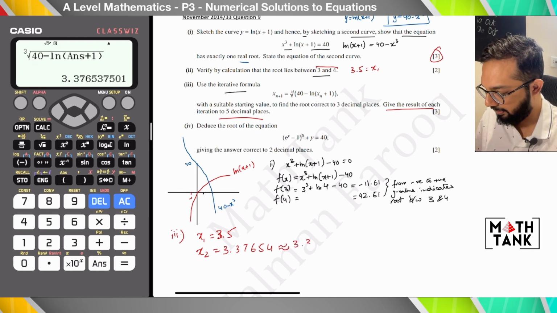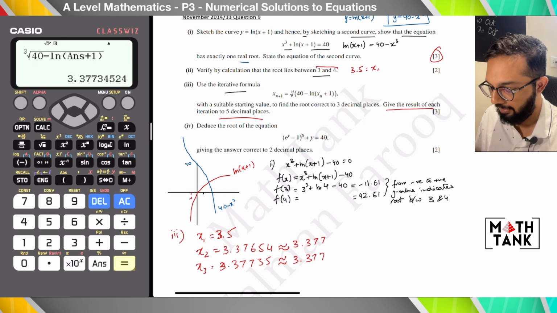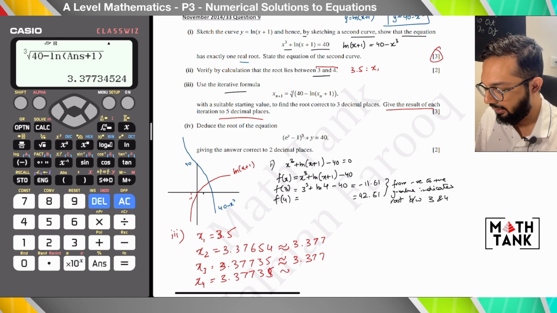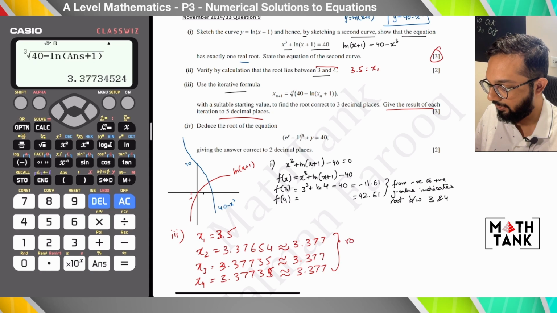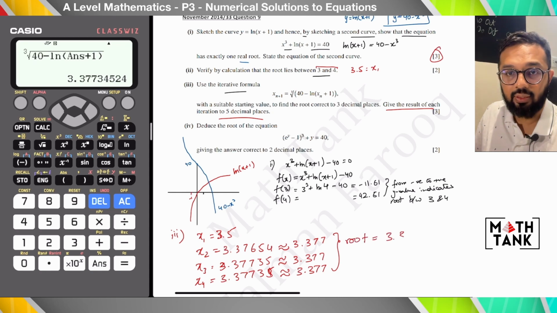So I'm going to write 3.377. I press another equals to get my next iteration, and that gives me 3.37735, and that also rounds off to 3.377. I press another third time, 3.3773435, and that's my root repeating itself. So the root is 3.377.